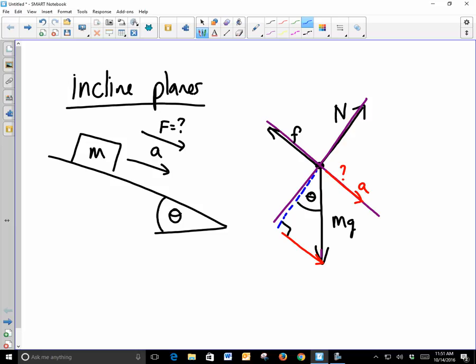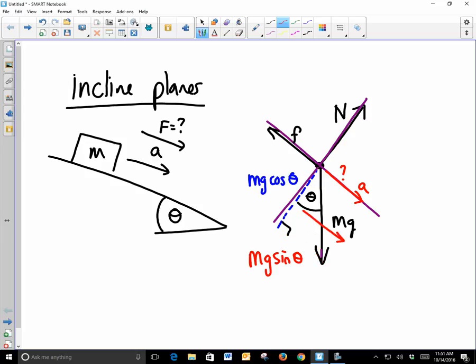Cosine. So the hypotenuse times the cosine of the angle: mg times the cosine of the angle. And what's the red side here? mg times the sine of the angle. And those are the pieces of mg.